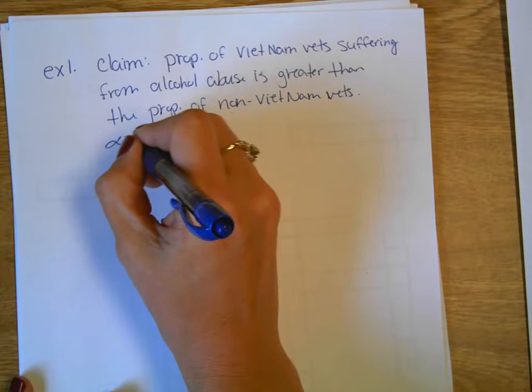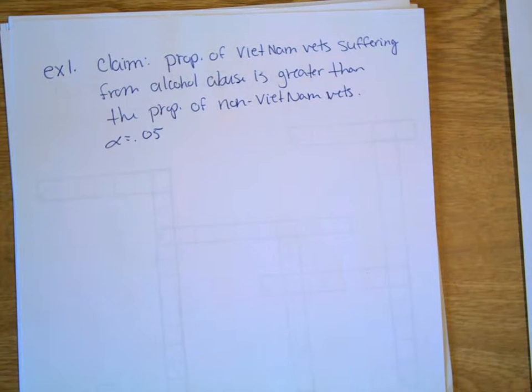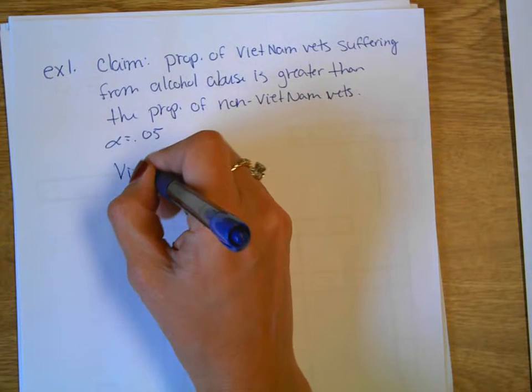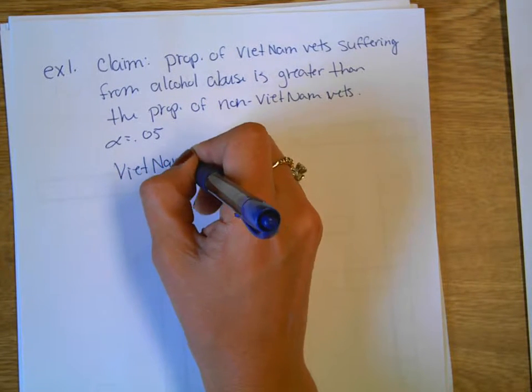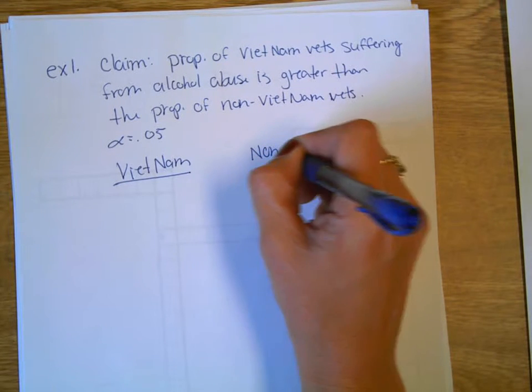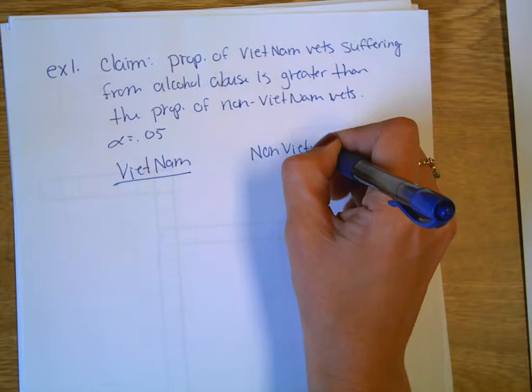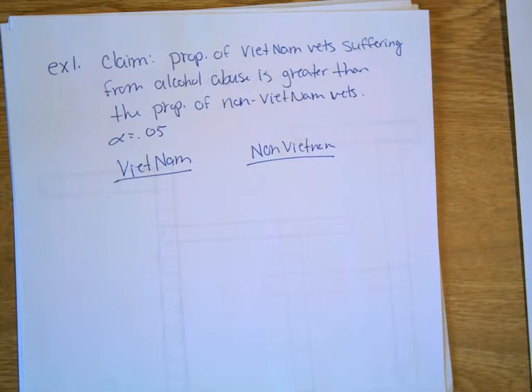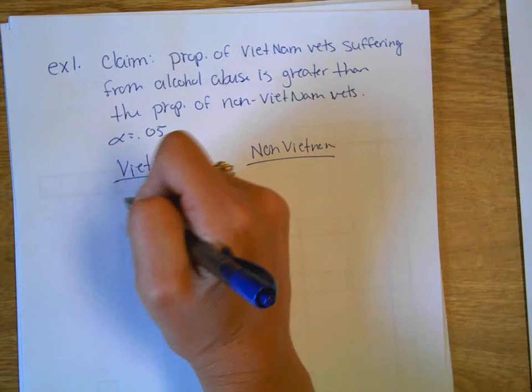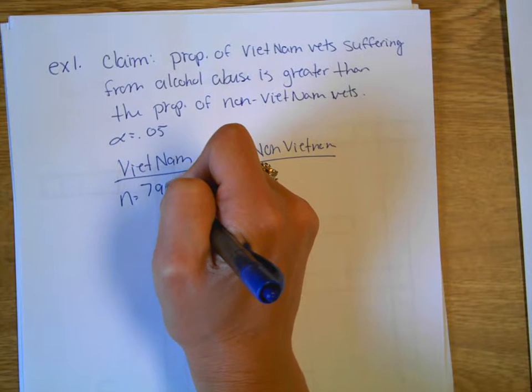We're going to test this at 5%. And then the data that they came up with, so we've got Vietnam, non-Vietnam. Let me go back and see. Oh, they had a survey of 7,924.